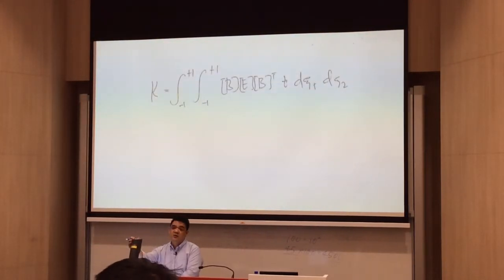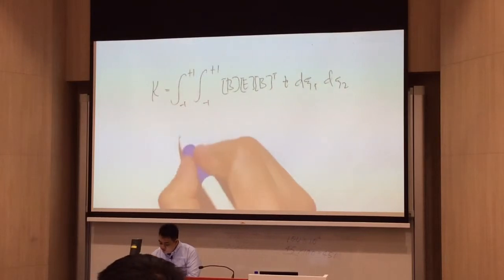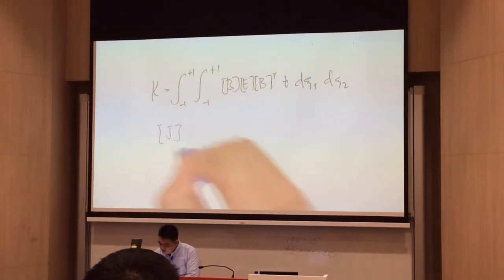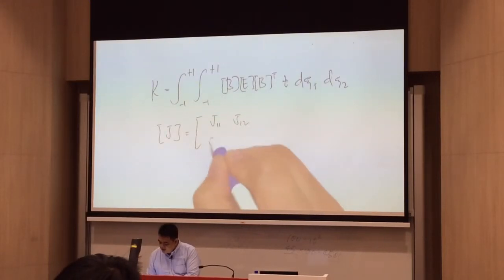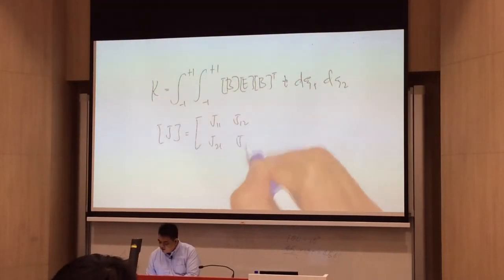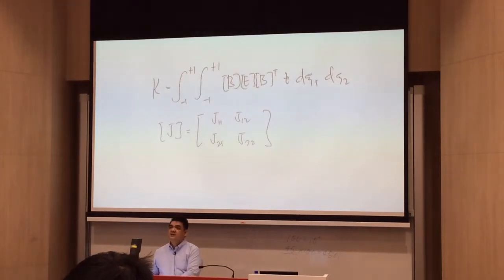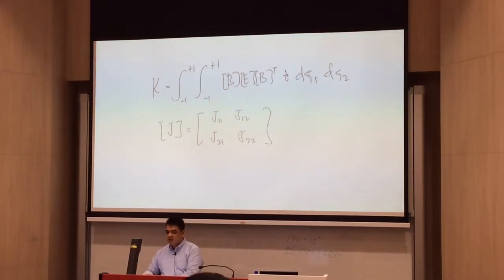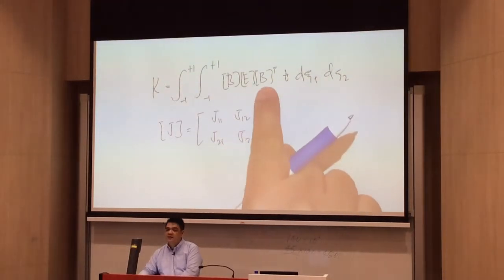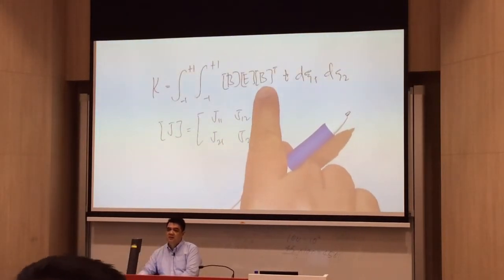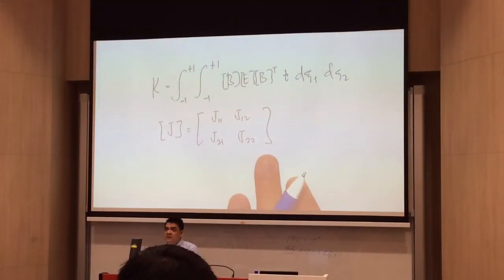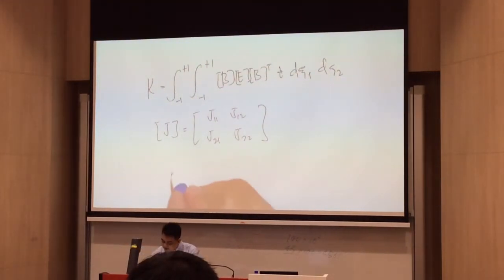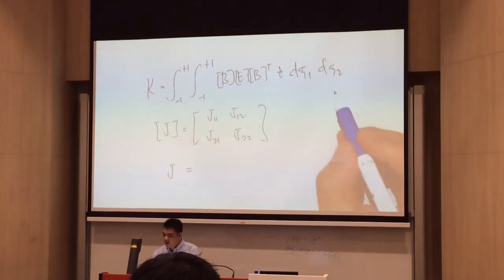So what do we do first? First we determine your Jacobian matrix J11, J12, J21, J22. Yes? So this is what we do first. The reason for this one is we want to determine that B. So we want to have your Jacobian matrix, and after that we can determine your Jacobian value.